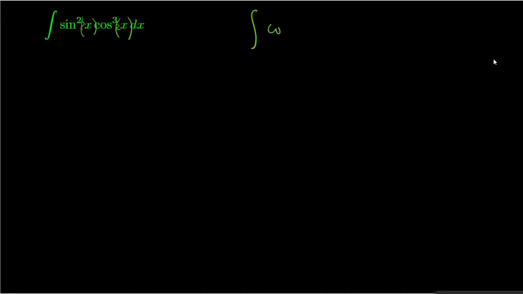I'm going to rewrite the integral to make the meaning clear. We are trying to evaluate sine of 2x, the whole thing squared, times cos of 2x, the whole thing cubed. We evaluate that.